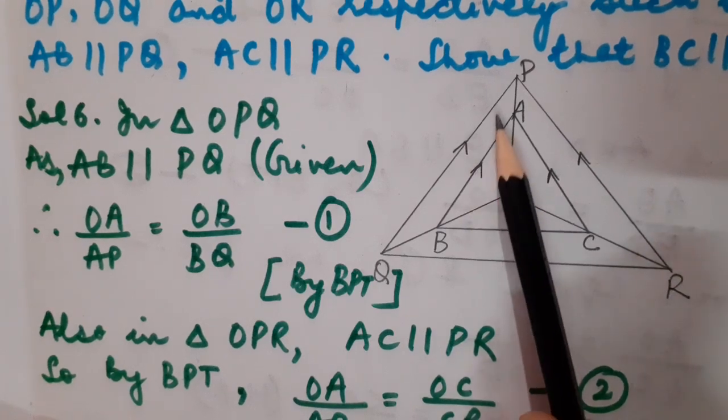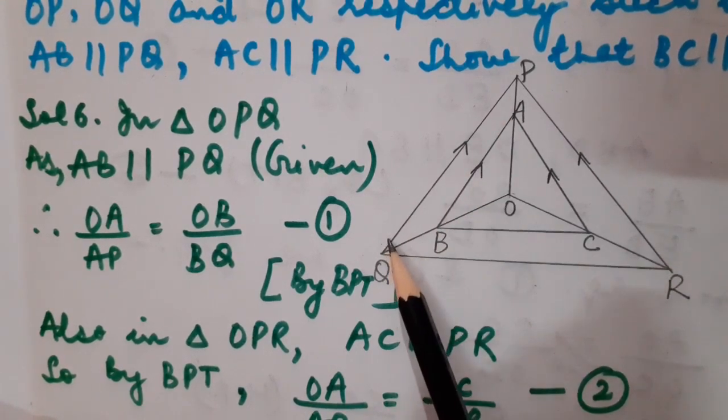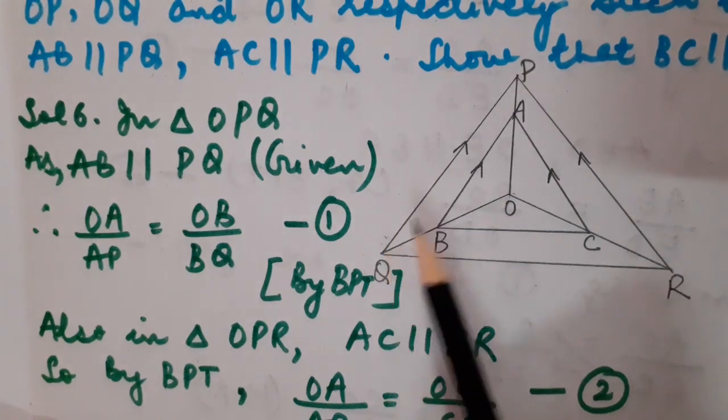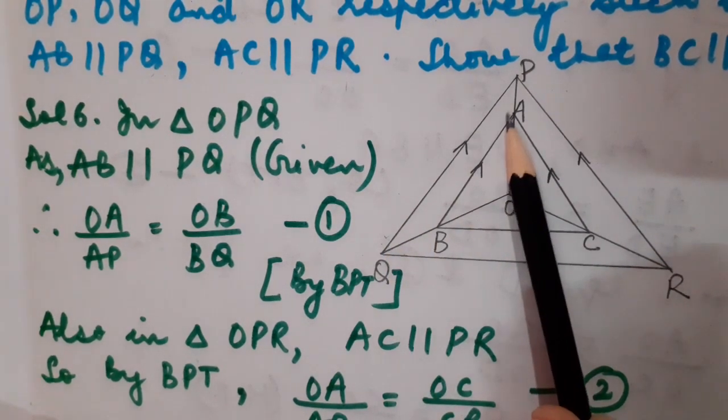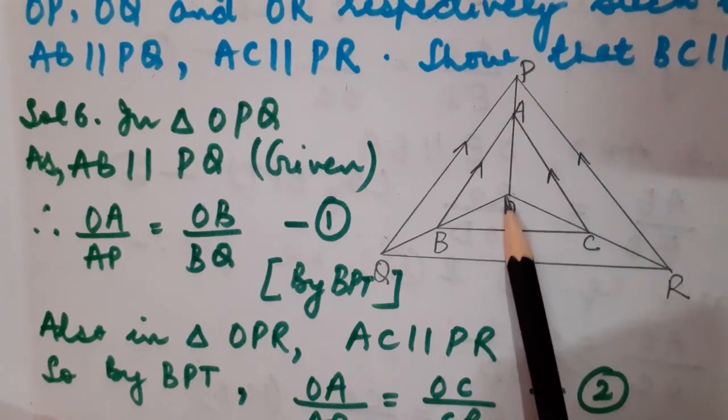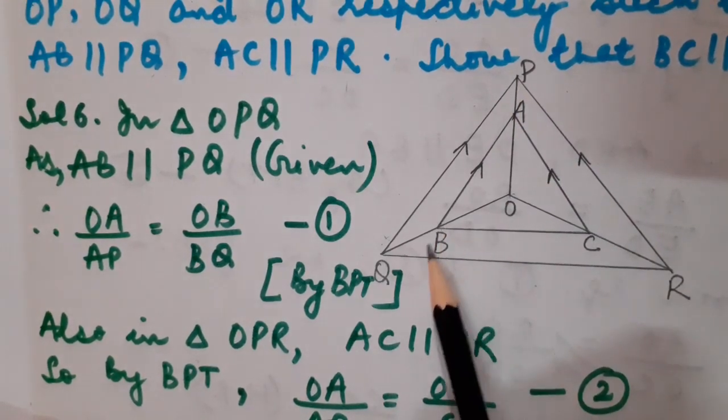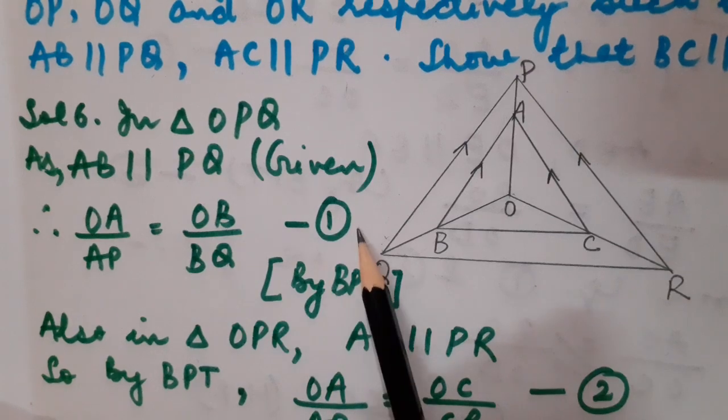So here AB is parallel to PQ in triangle OPQ. So by BPT, what can we say children? OA upon AP is equal to OB upon BQ. That is equation number 1 according to theorem 6.1.